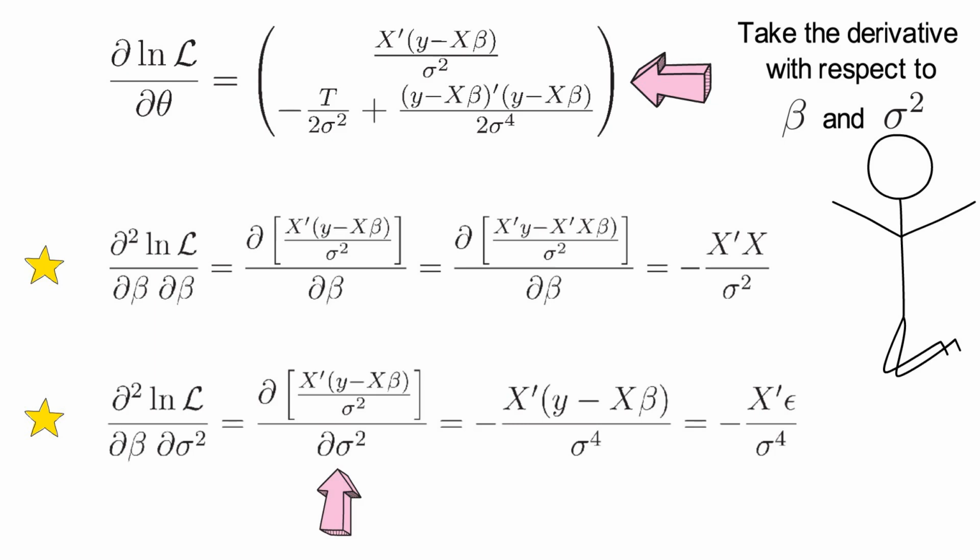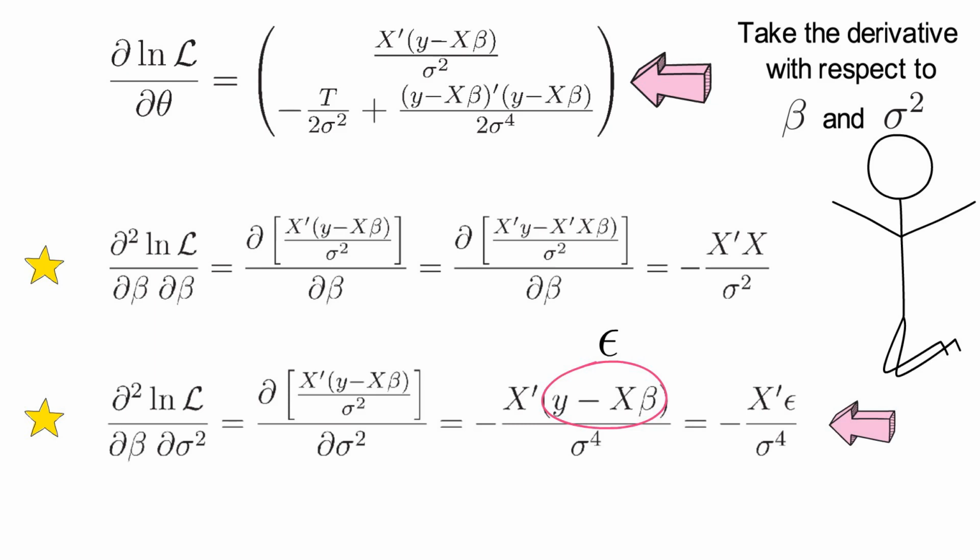It appears once, and therefore the respective partial derivative will be minus x prime times (y minus x beta) divided by sigma to the power of 4. Now note that y minus x beta is simply epsilon, so we can rewrite that entire expression as minus x prime epsilon divided by sigma to the power of 4.